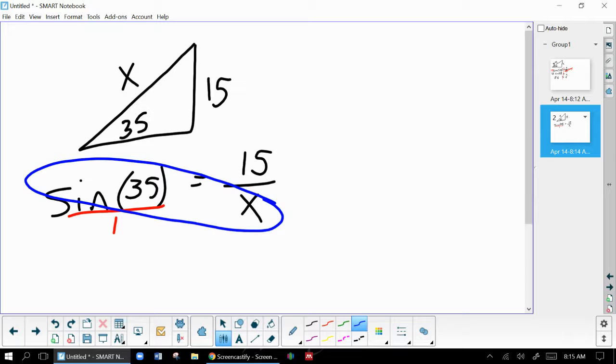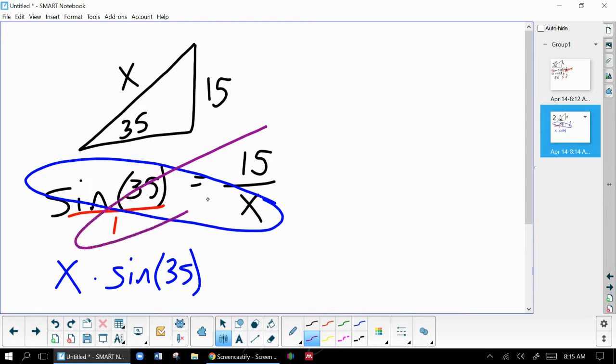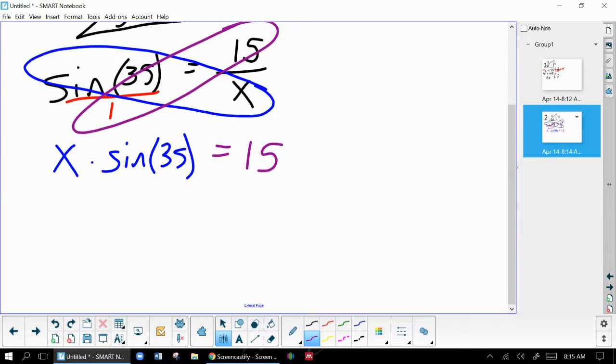Well, x times 35 is x times sine of 35. On the other side, 15 times 1 is 15. Now that's the equation we've got to solve. And again, keeping in mind, this is an equation, so whatever I do on one side, I have to do on the other. I'm trying to keep the x. I want to get rid of everything except the x.